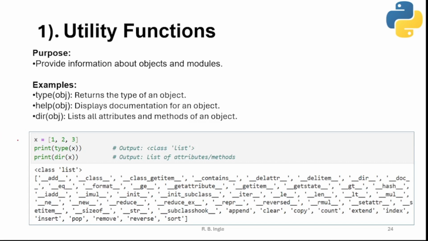For example, here we are making a list, x equal to 1, 2, 3. List is nothing but a data type in which we can store multiple values. Earlier we have seen we can create a variable like x equal to 5, so we can only store a single value inside x.